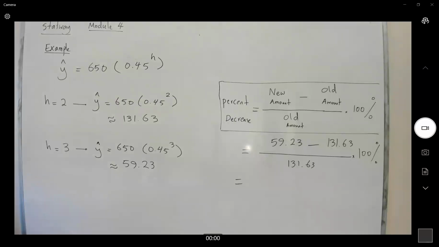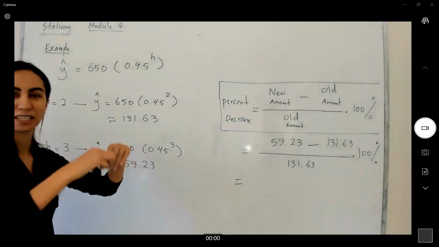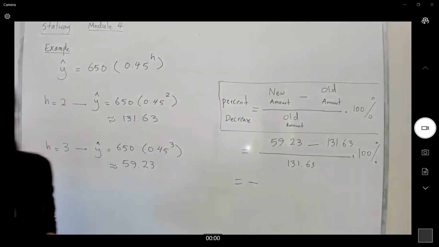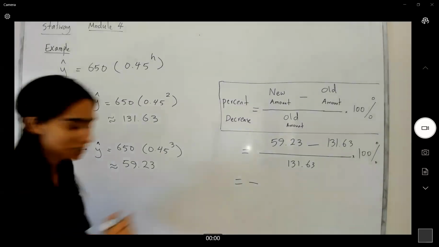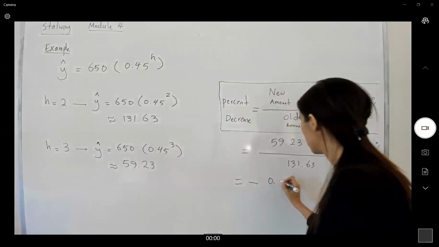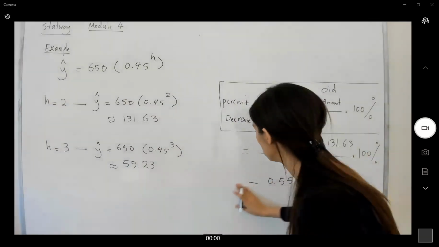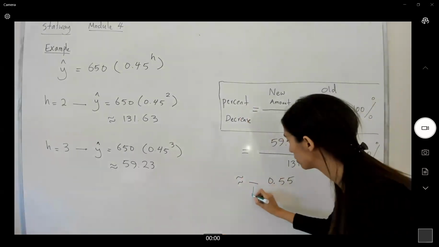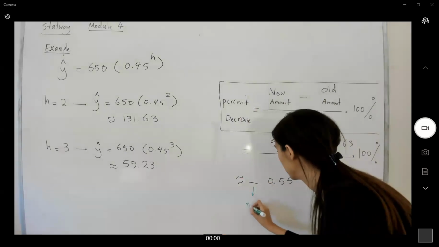What's the percentage? The percentage is approximately, you get a negative, very good. This negative sign means that you get a decrease. So it should be a negative number, a negative point, very well, 55. What's the meaning of this negative sign? This negative sign shows the decrease.